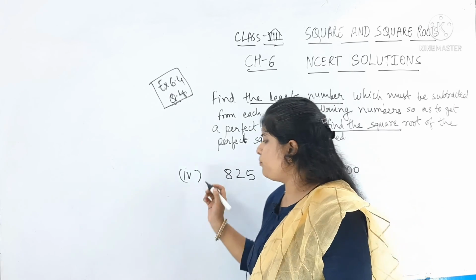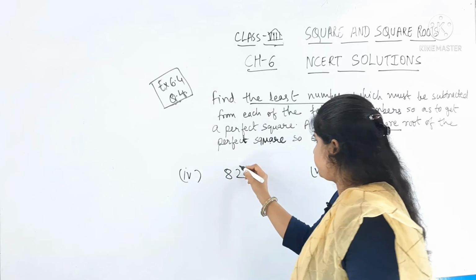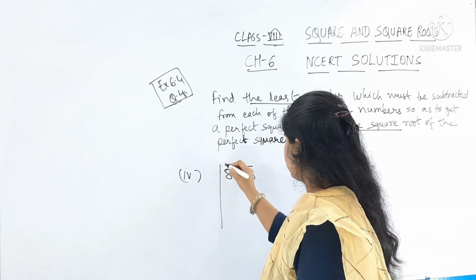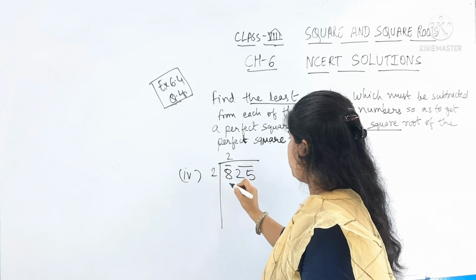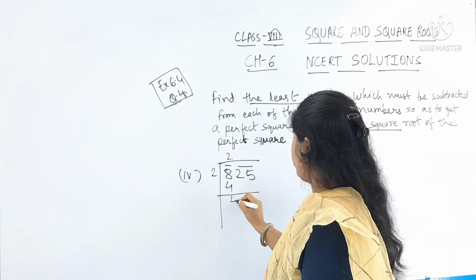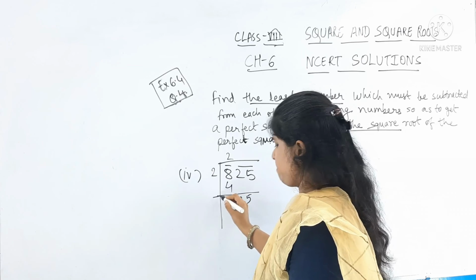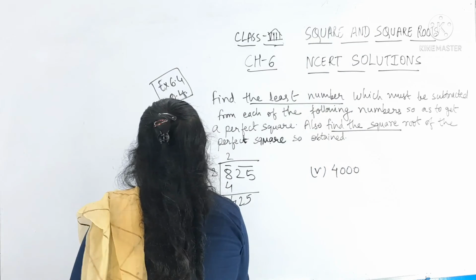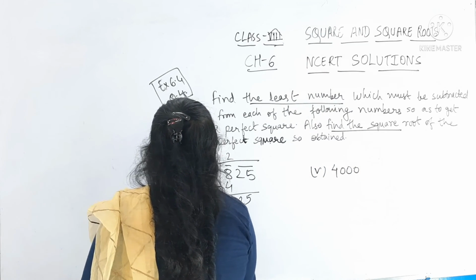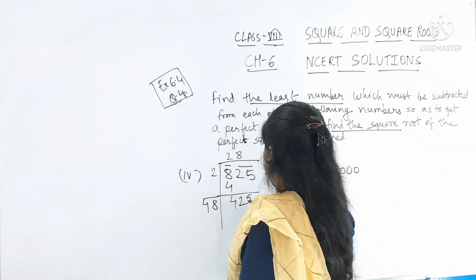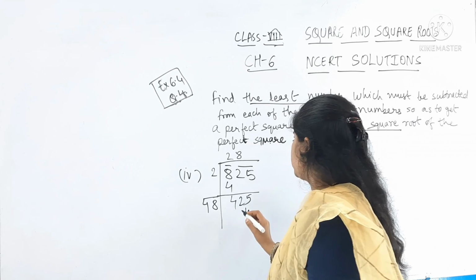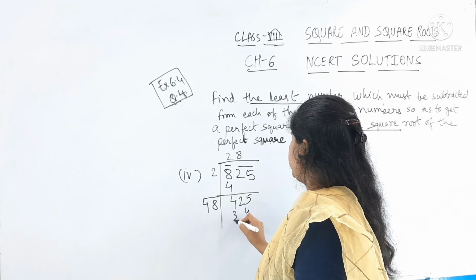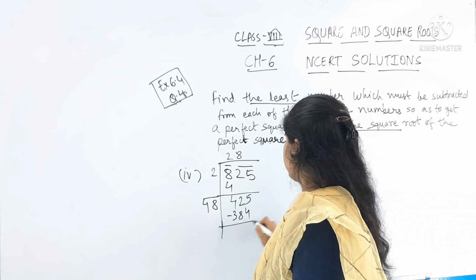Okay, here fourth part, 825. So 2 2s are 4. Here 425. Okay. Now 2 plus 2 is 4. 8 8s are 64. 8 4s are 32 plus 6 is 384. Okay.